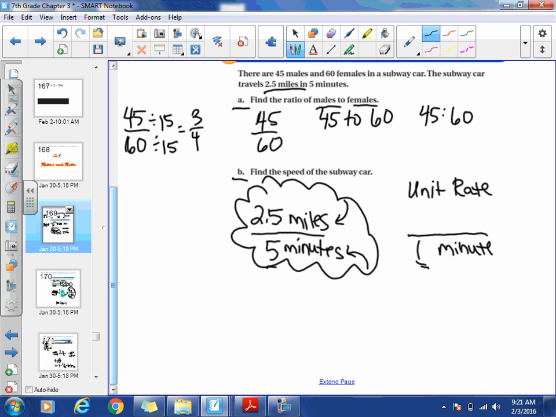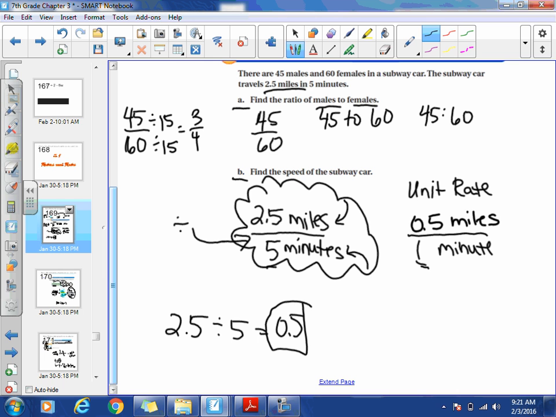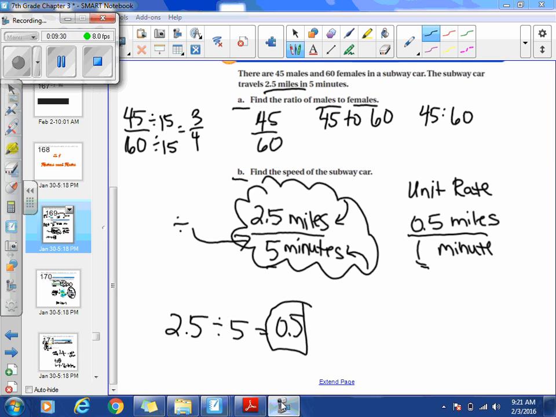To find out how far this subway car goes in 1 minute, we just do the division. Fraction bar means divide, so numerator divided by denominator, and again we get 0.5. So these two subway cars are going at the same speed. They're both going 1/2 mile in 1 minute.